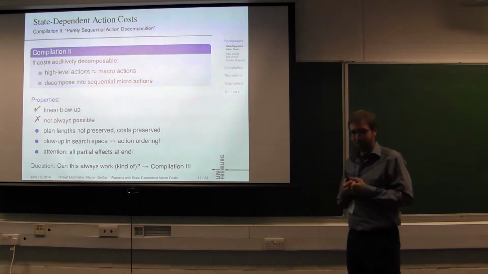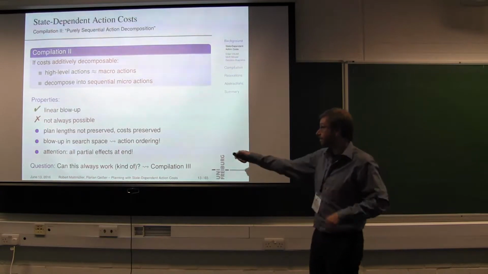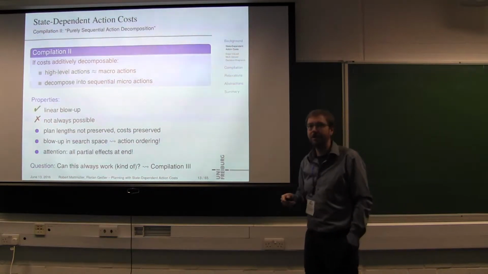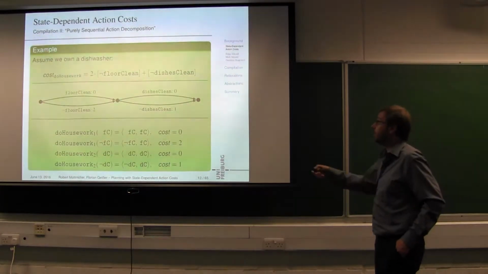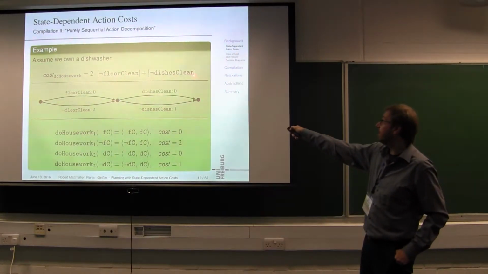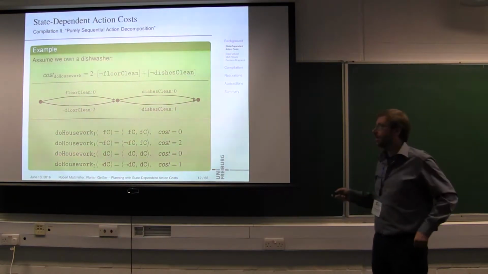Now here the benefits and drawbacks from before are kind of reversed. On the one hand, you only get a linear blow-up, but unfortunately, this compilation isn't always possible. You don't always have a cost function that is simply the sum of weighted independent state variables.